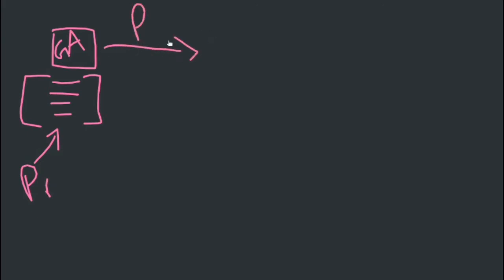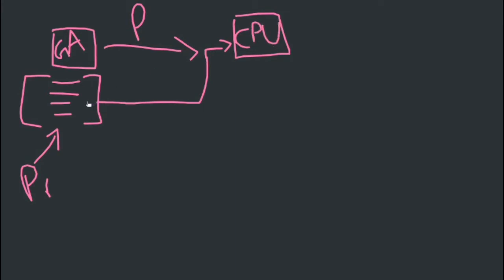So what do you do? You double click on the gaming icon, and what you see is that these sets of instructions get loaded into something known as the CPU. And when the program gets loaded into a CPU for execution, it's called a process.